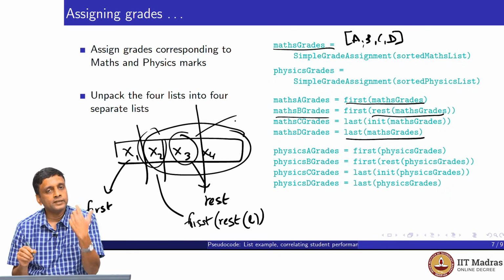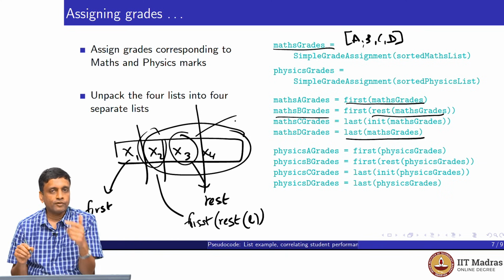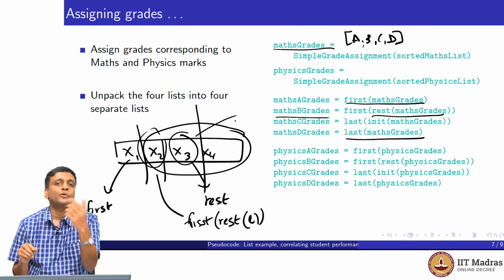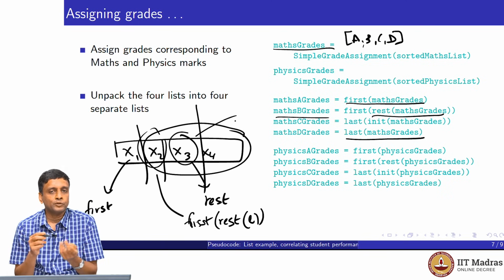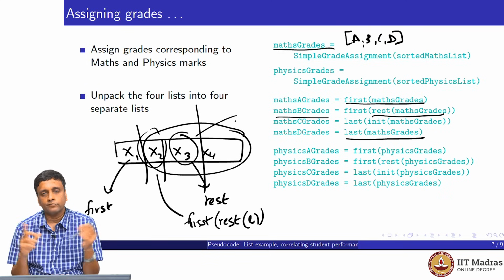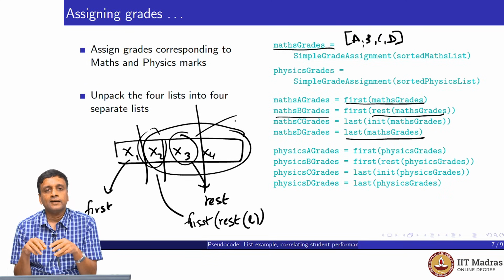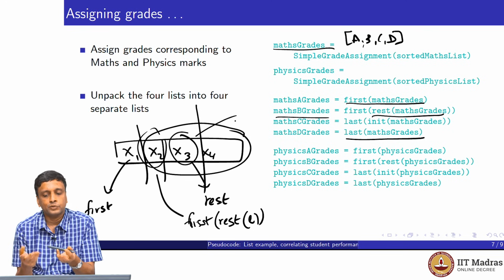Of course, if you want the third grade, you can get it from the front also by taking rest and then taking rest of that. So you take rest twice, that knocks off 2 elements, and then you take the first. So by doing this combination of first and rest, you can actually get to whichever position you want. But in particular, if you just want the first and last, it's very easy. If you want the second last and the second also, it's quite easy, as you can see.